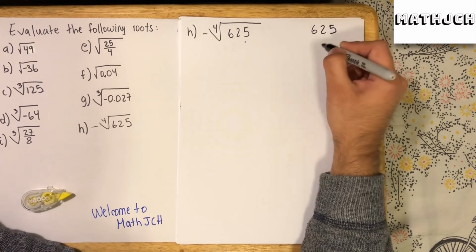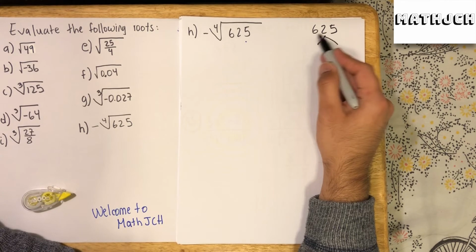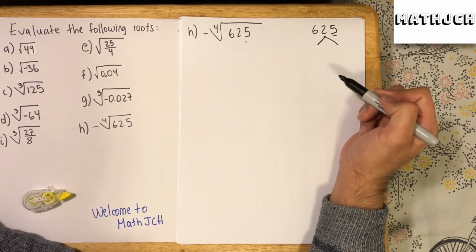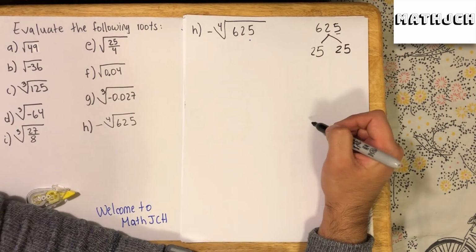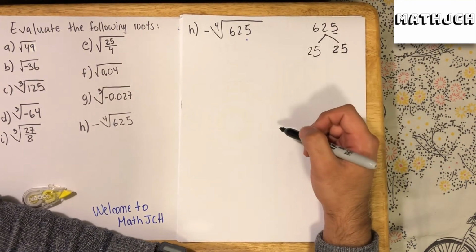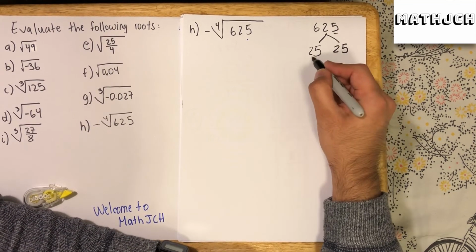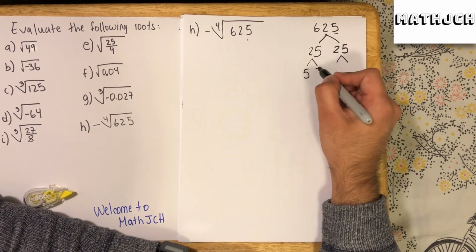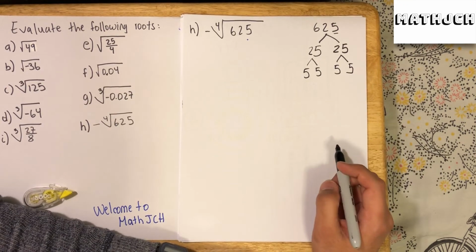So 625. One number times one number gives me 625. Notice that it ends in 5. And it happens that 25 times 25 gives me 625. Now let's break down each 25 again. 25, as you might know, is 5 times 5, and then 25 is also 5 times 5.